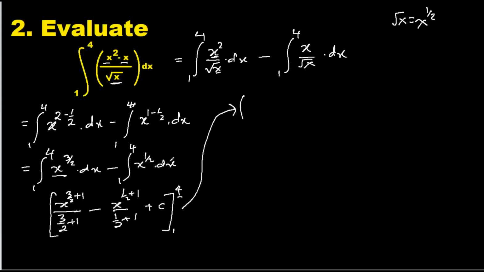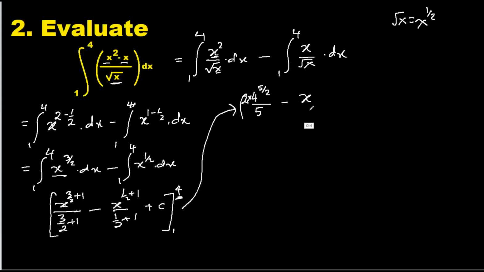So the first one, x to the power, it will be 5 over 2. x is not x anymore, we will substitute 4. So 4 to the power 5 over 2 divided by 5 over 2, so we'll just write 5 here and 2 in front of this, minus x to the power 3 over 2, 3 is written here and 2 is written here, but sorry, we need to write 4 in place of x.